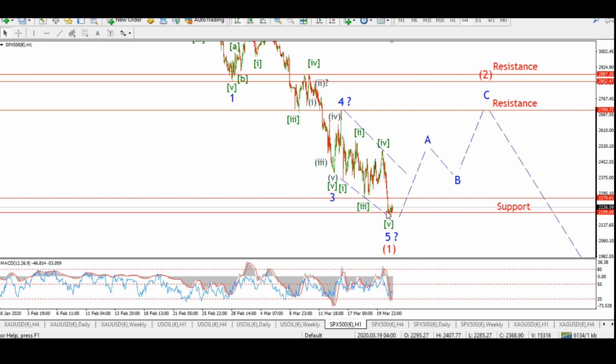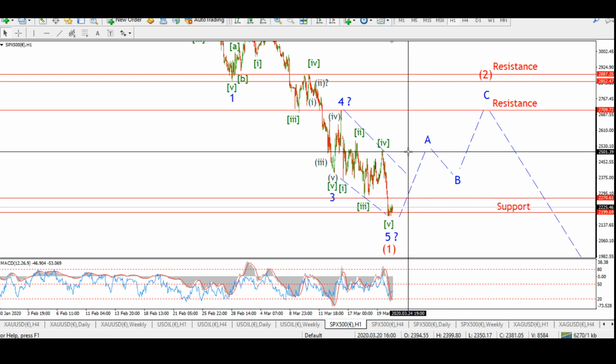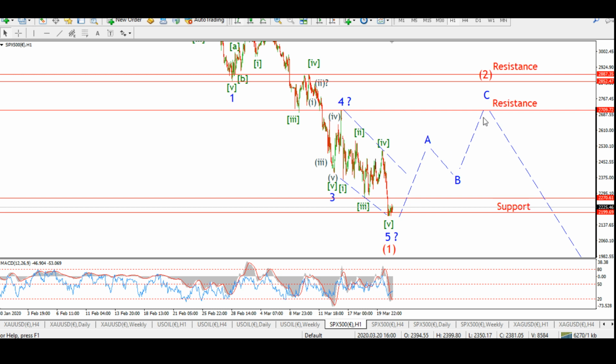Again, we're just going to have to see this week if we get early signs of a bottom, and especially if we get a bounce back above 2500 again. That would indicate wave 2 is probably underway.